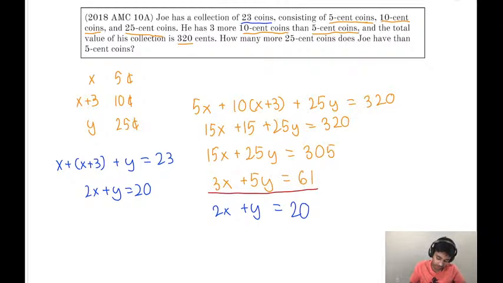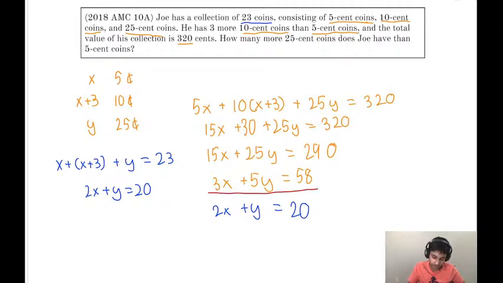Sorry, I think I made a mistake here. It should be plus 30, not 15. So now this becomes 290 actually, which means it's going to be 58.